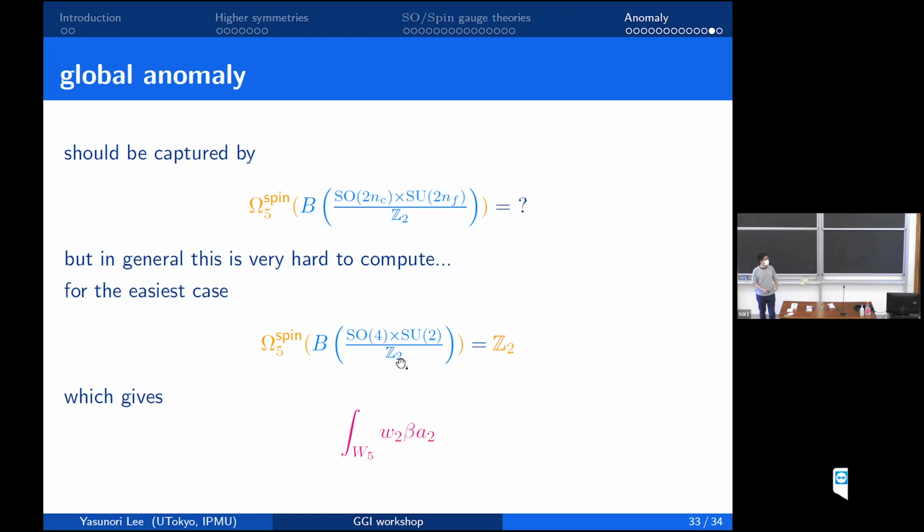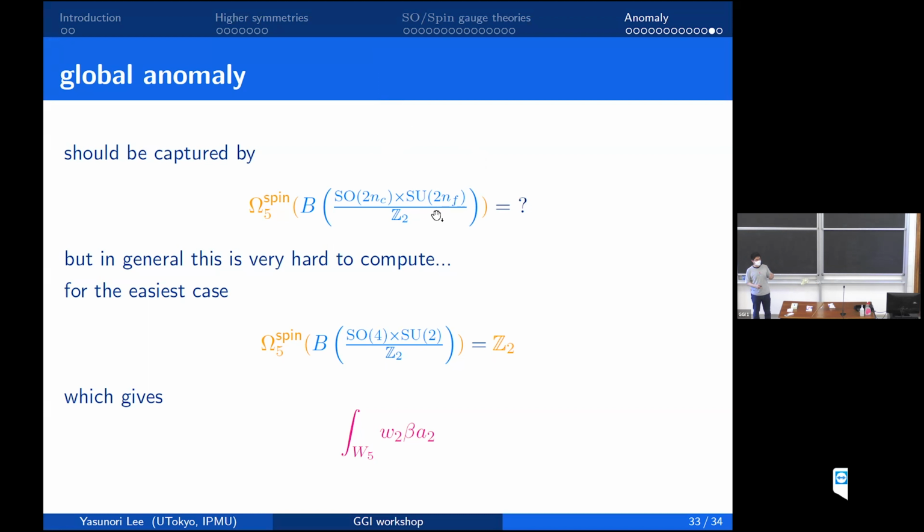Since this is the full group under which fermions are charged, in that sense this full group is the appropriate group to consider.